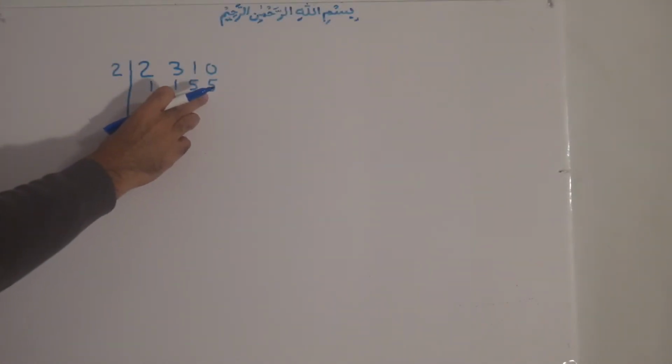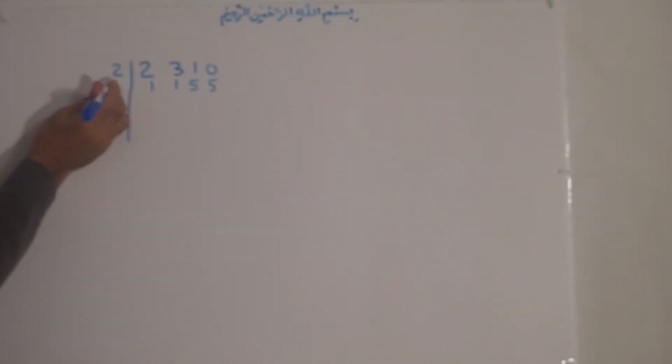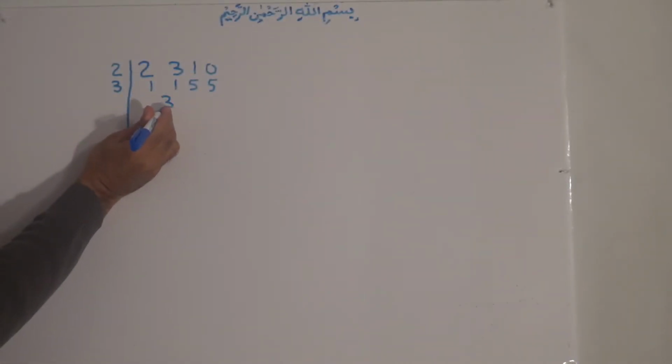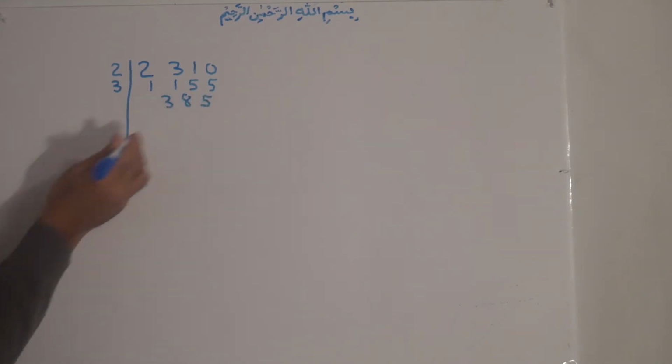Now we see this is divisible by 5, but first we check for 3. 5 plus 5 is 10, 11, 12. So 12 is divisible by 3, it is 3. 3 times 3 is 9, 8 times 3 is 24, 5 times 3 is 15.